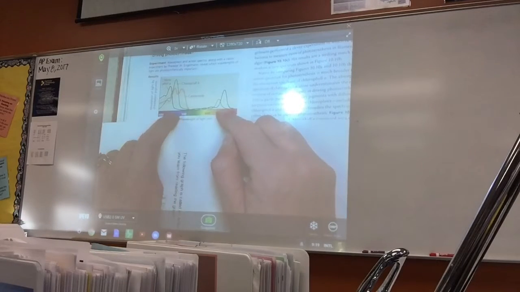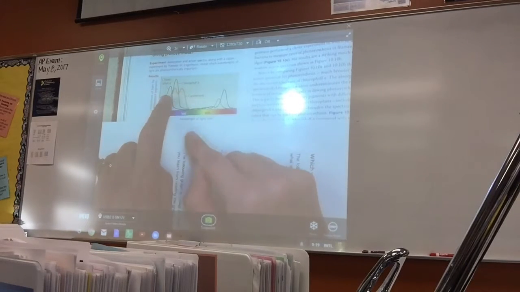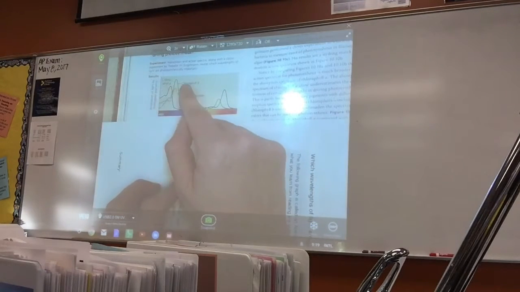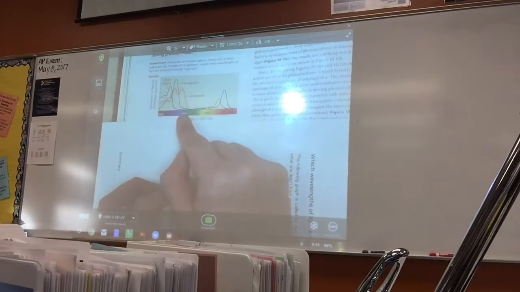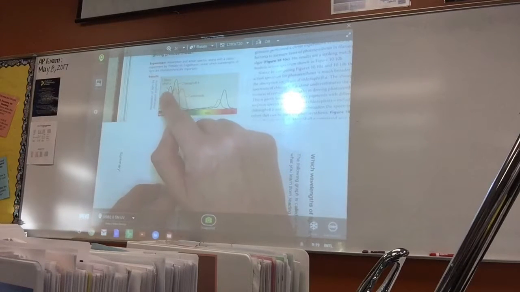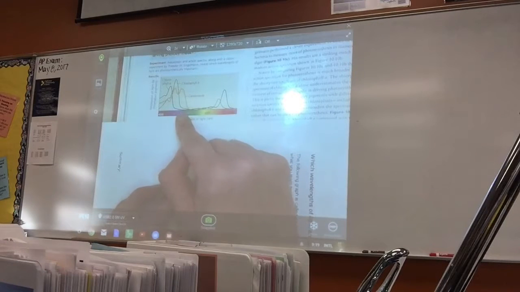How we know that is because of the peaks. Notice that each different type of pigment, chlorophyll A, chlorophyll B, and the carotenoids, have peaks at slightly different wavelengths. But if all of these pigments are found in the plant, then they will absorb all of these wavelengths of light in that range.